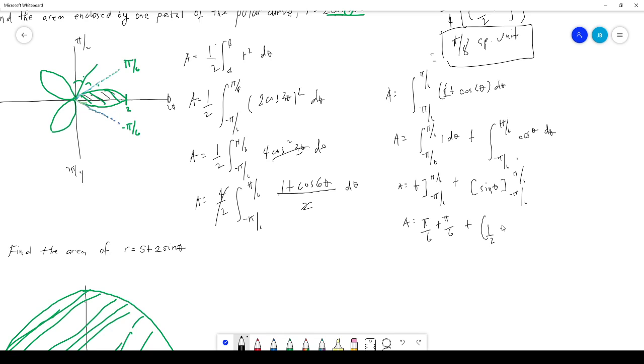Then sine negative pi over 6. Oh, yes, it's 0 after all, because this is minus 1 half. So sine negative pi over 6 is negative 1 half. So that's 0. Therefore, our area is 2 pi over 6 or pi over 3 square units. This is our final answer.